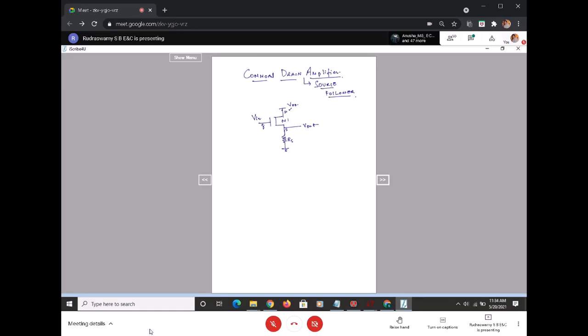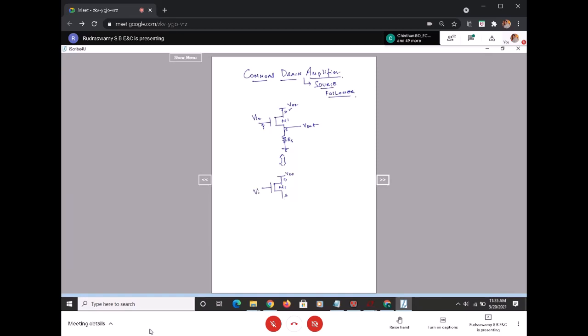As you know, a passive component occupies more space in an IC, so it is not common practice, and also there is a lot of dissipation in terms of heat. So we replace this passive device with an active device. It looks something like this: this is M1, the drain, the source, VDD.